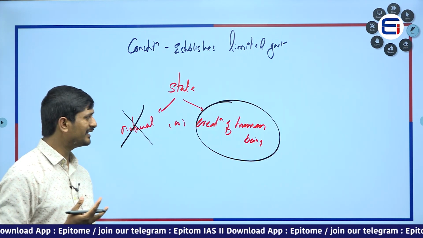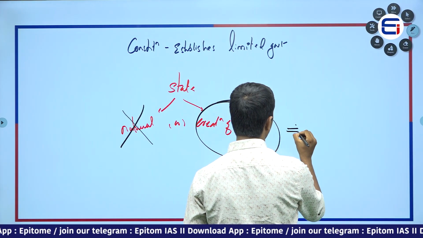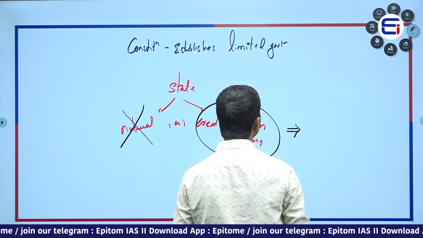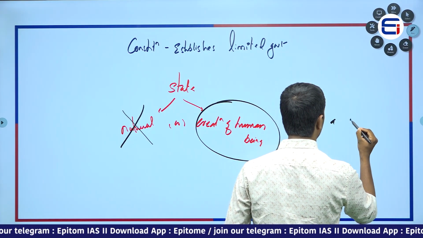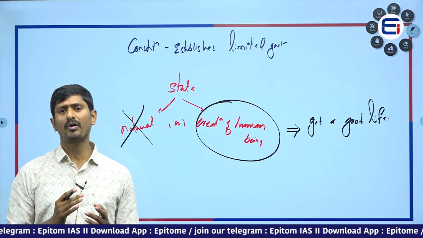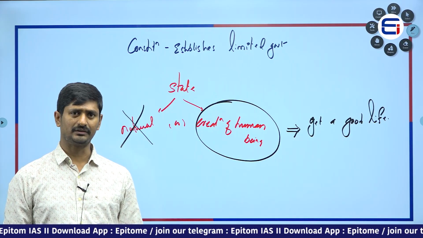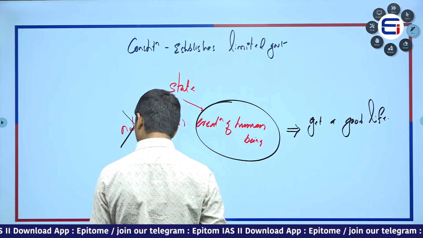Why have human beings created this particular state? In yesterday's video we have discussed it. The human beings have created the state in order to get a good life, to facilitate a prosperous life, to enjoy a peaceful coexistence in the society, right? So that state, what must be the functioning of that state?